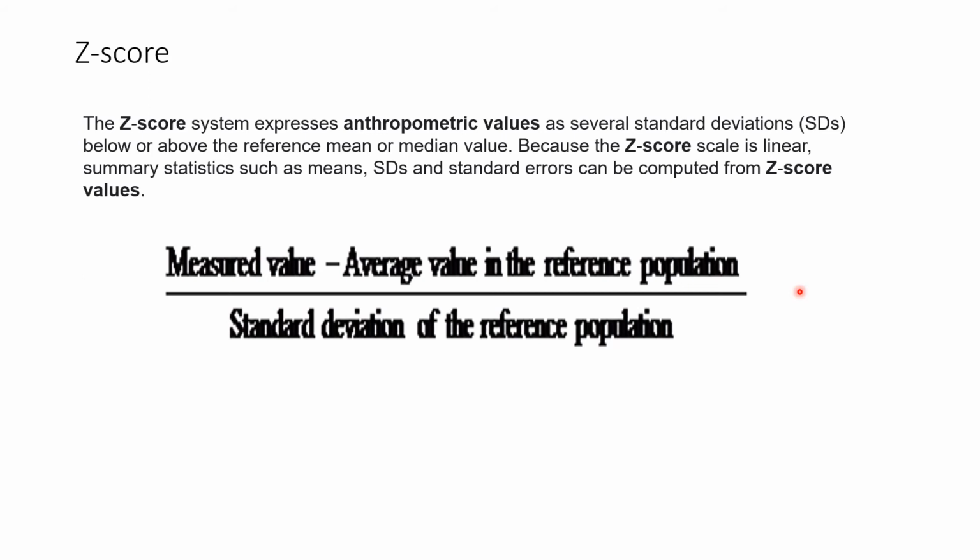If you have taken anybody's height or weight according to their age or according to their height, for example weight for age means on one side they will give the weight and on one side they'll give the age.